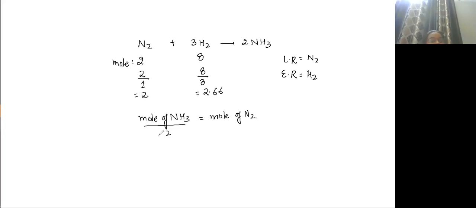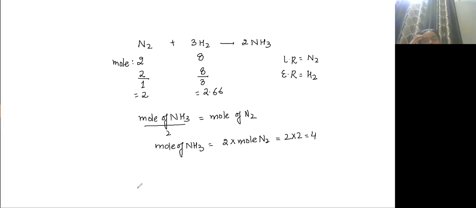We cannot use H2. So moles of NH3 will be equal to 2 into moles of N2. Moles of N2 is 2, so moles of NH3 is 4.